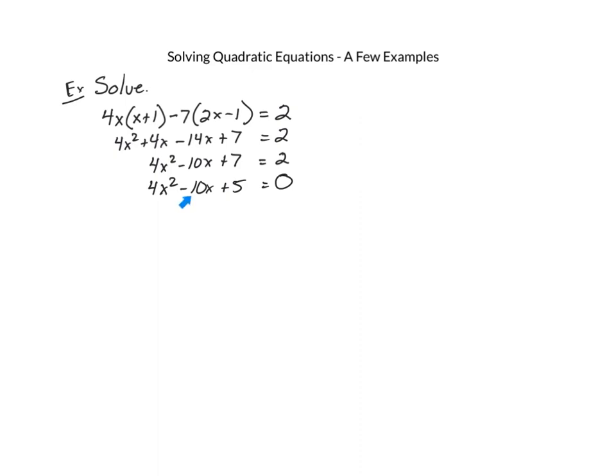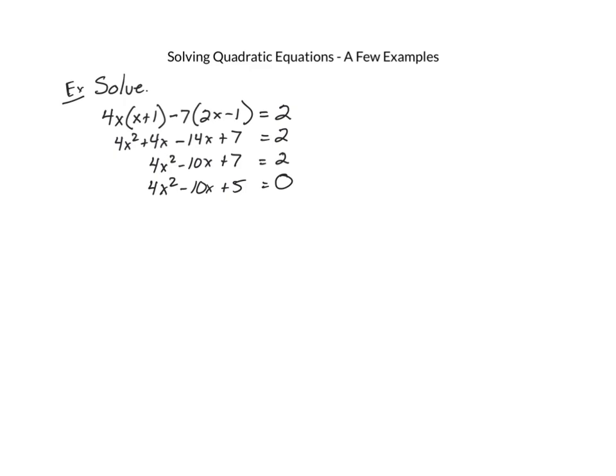I look and see that the b is not equal to 0, so this one is not a square root property problem. Now my leading coefficient here is not a 1, so if I were going to complete the square, I'd have to divide by 4 first, and that would introduce a couple of fractions into the problem, so I'm not going to do that. So that brings me to quadratic formula.